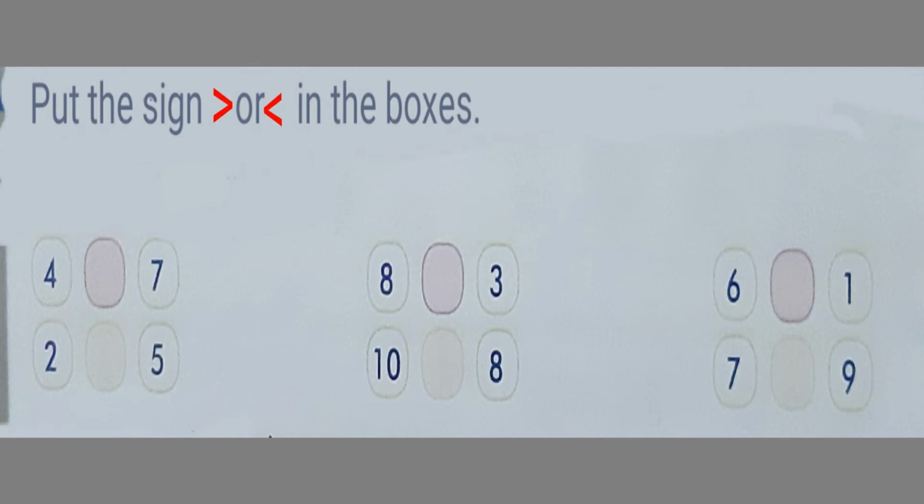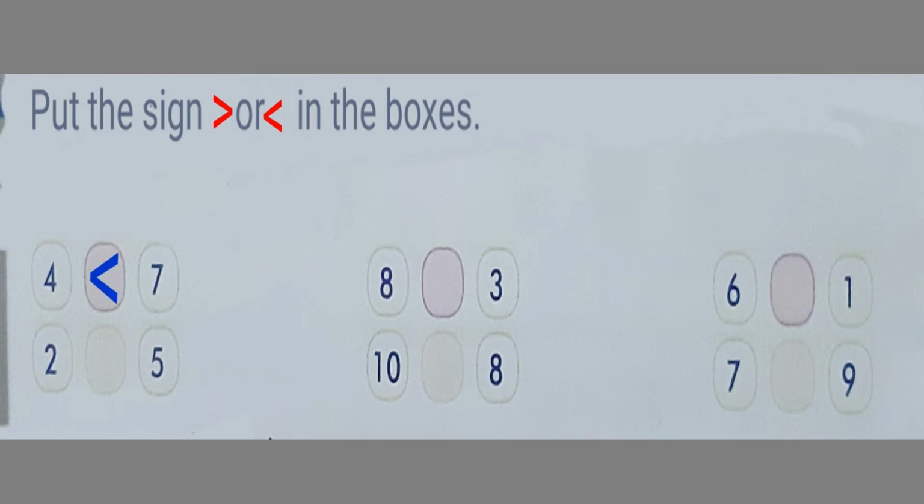See the first one. What are the numbers there? Yes, 4 and 7. Is 4 greater or lesser than 7, children? Yes, 4 is lesser than 7. So we have to keep here lesser than sign.